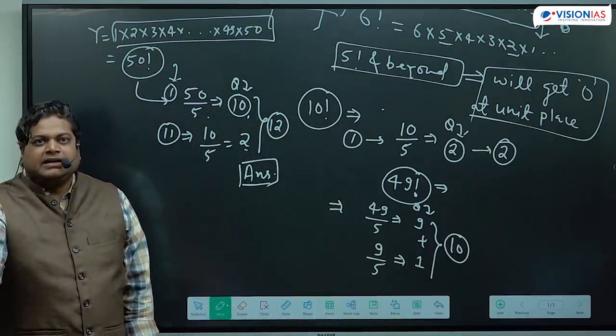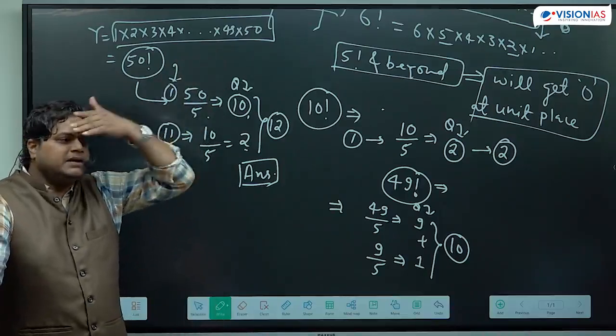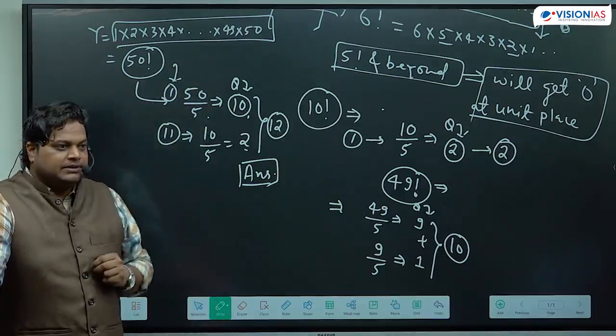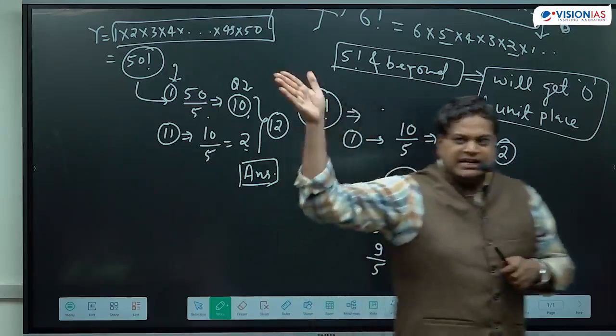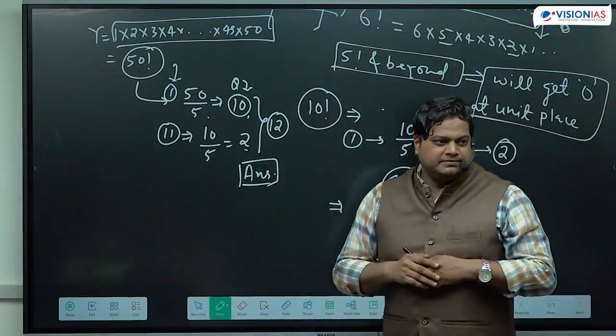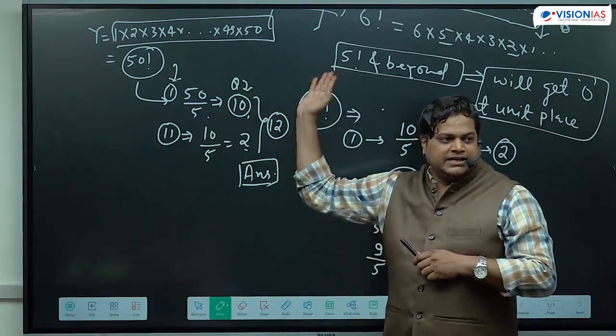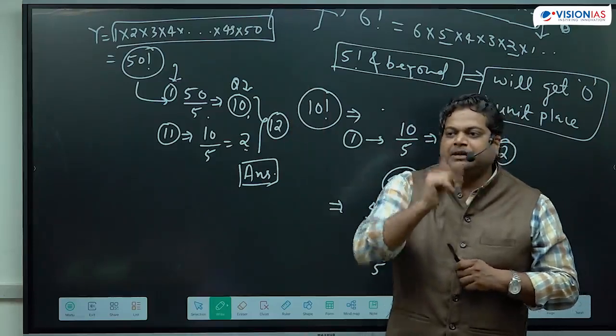Why do we divide it again by 5? Because jaise humne dekha tha na 25 pe 2 5's are coming. Basically idea is ki till 55 ka table if we see, to 5 is coming how many times? Ek to 10 to aa hi raha hai seedha seedha, but 25 pe 2 times and 50 pe 2 times.